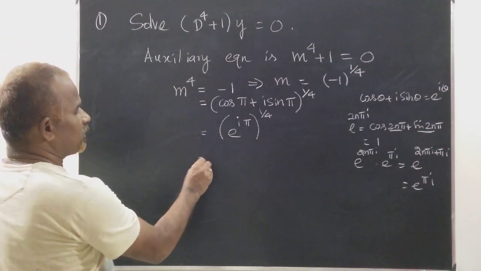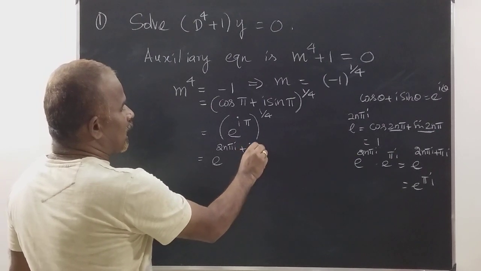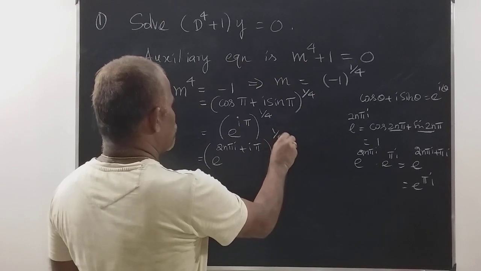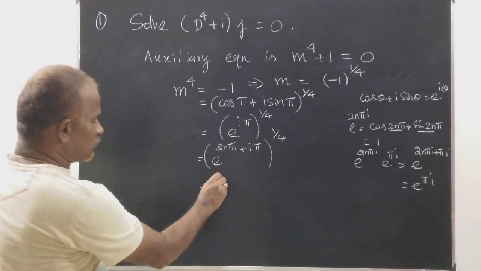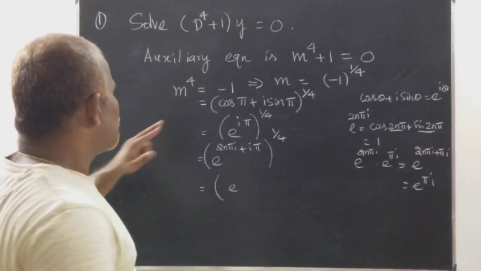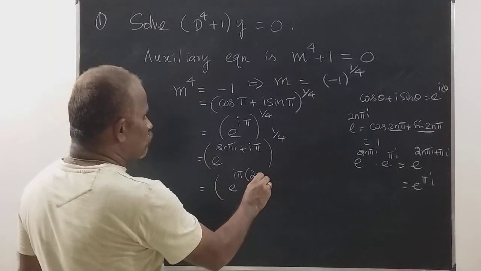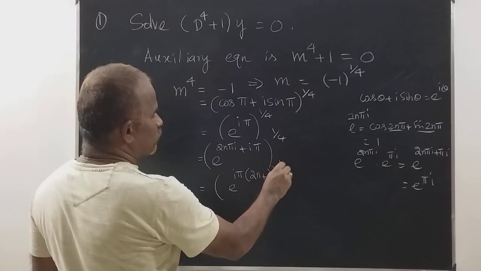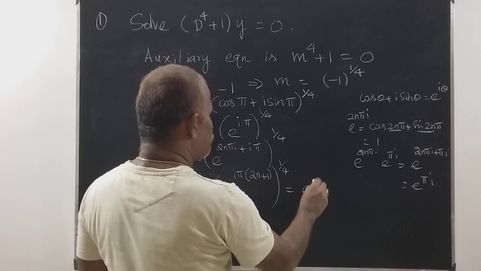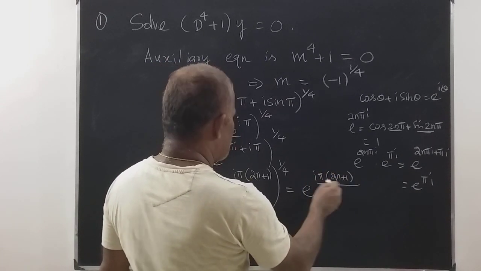Therefore I can write (e^(2n pi i + i pi))^(1/4), which is equal to e^(i pi (2n+1) x 1/4). Multiplying the power, we get e^(i pi (2n+1)/4).